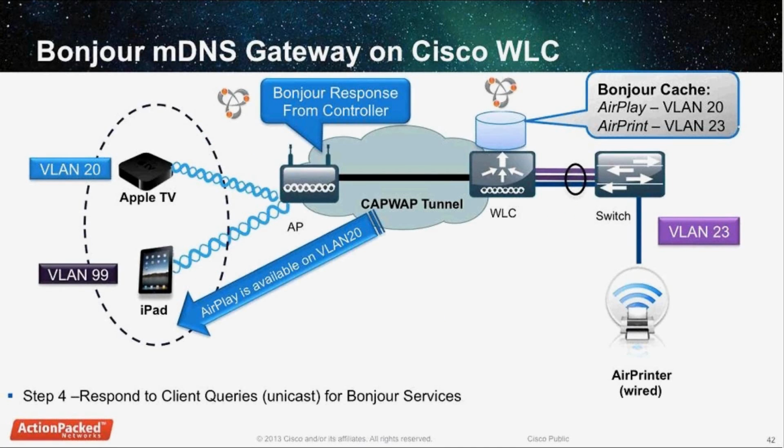That's how you can start using the Apple TV on a different VLAN for projecting or mirroring your display. So that's the way the Cisco WLC resolves the mDNS issues when the services and the clients are in different subnets. In addition, as I mentioned, the wireless LAN controller sends back a unicast response to the iPad.